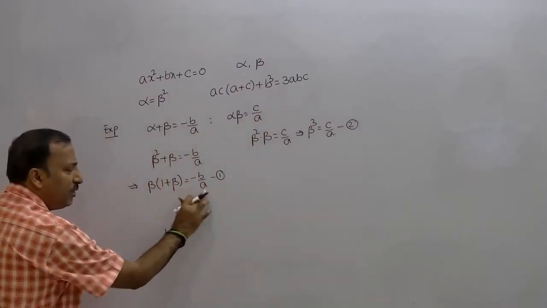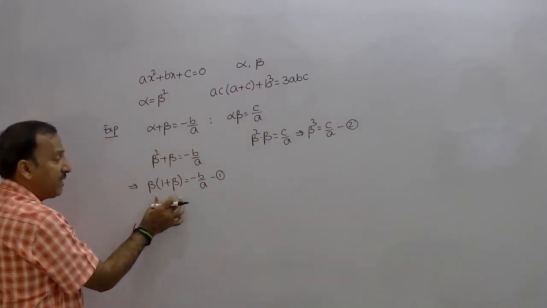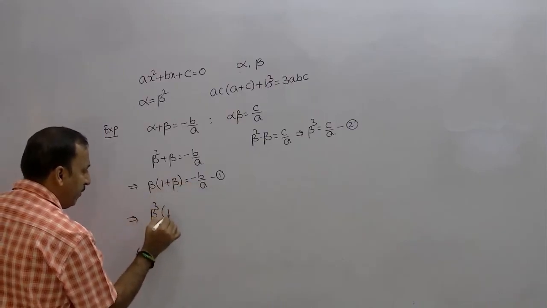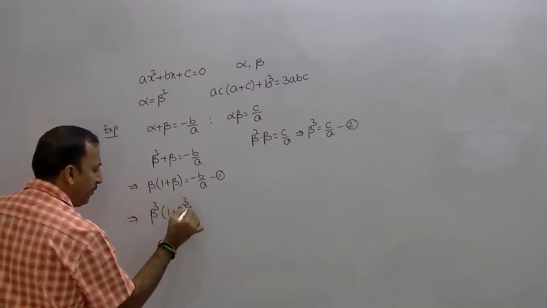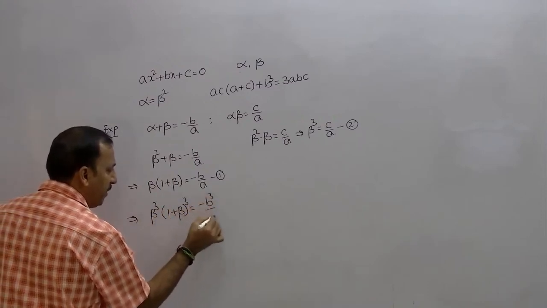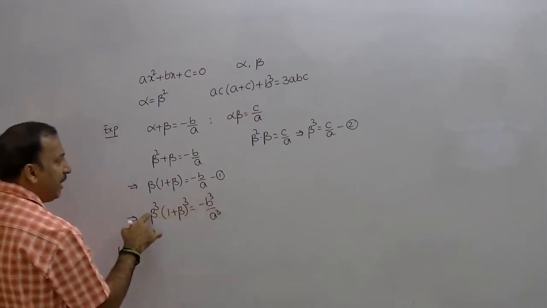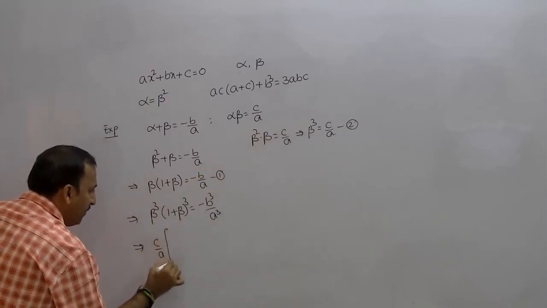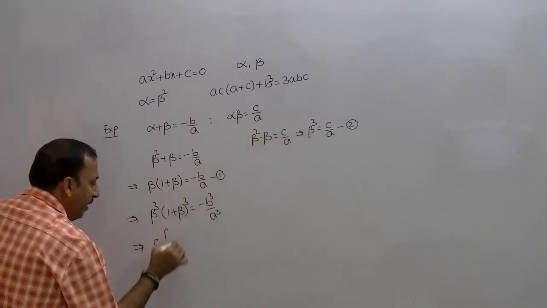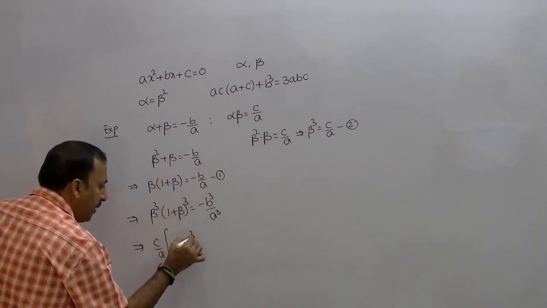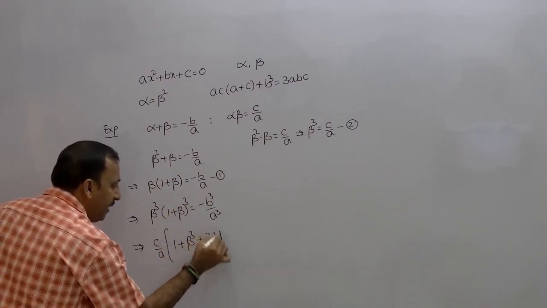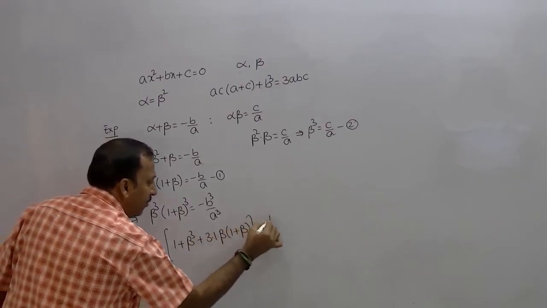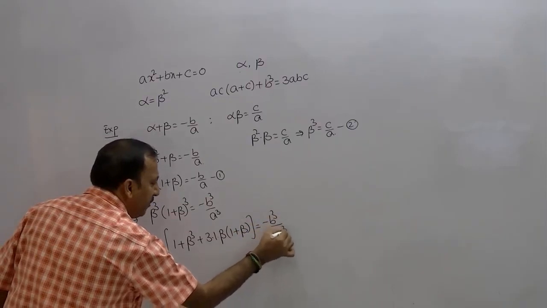Now cubing on both the sides. See, cube this first equation on both the sides. What will you get? Beta cube into (1 plus beta) whole cube is equal to minus b cube by a cube. Beta cube is c by a, into, it is the (a plus b) whole cube formula, a cube plus b cube plus 3ab into (a plus b), is equal to minus b cube by a cube.